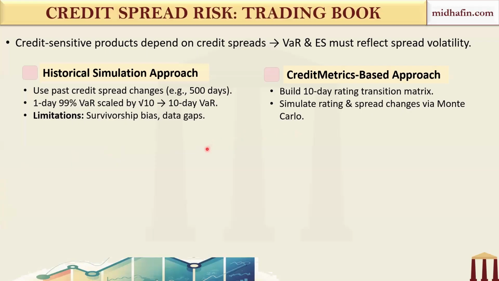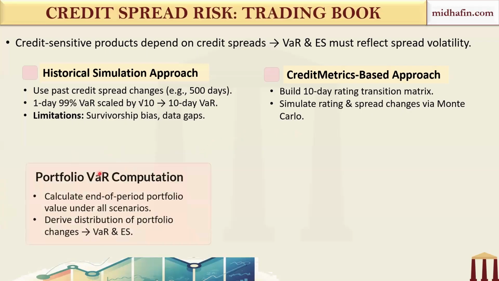Now, once these simulated changes are applied, we can calculate the new portfolio value after 10 days for each trial under all scenarios. We have to repeat this across thousands of scenarios. It will give us a distribution of portfolio value changes, from which we can compute both VaR as well as expected shortfall.